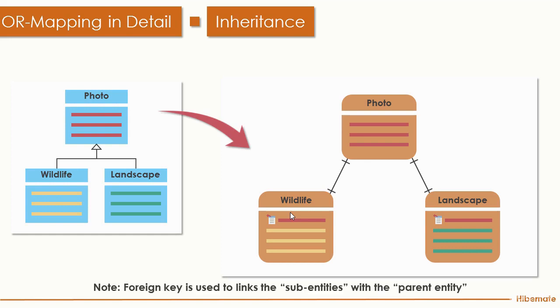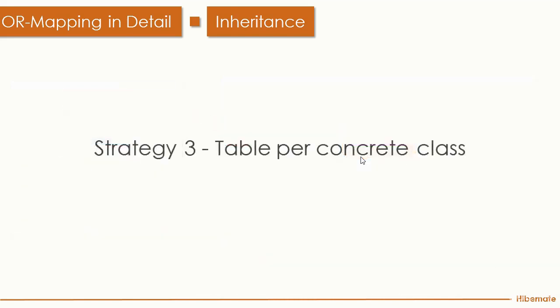But this strategy has one problem, which is performance. You can imagine when you load the row of data into the object, you need to query more than one table, at least two, to get the object back. So the query time will be a little slower than the first strategy, but that saves a lot of space.